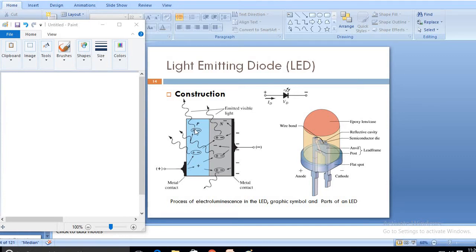This is the emitted visible light. When the recombination takes place, this emitted visible light will be emitted out. That is exactly the light emitting diode. This is the construction part.